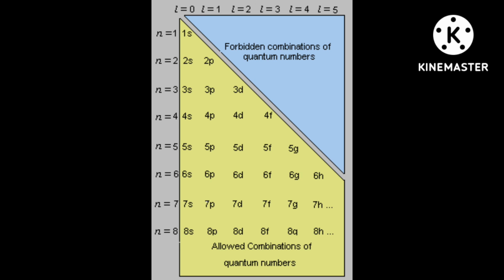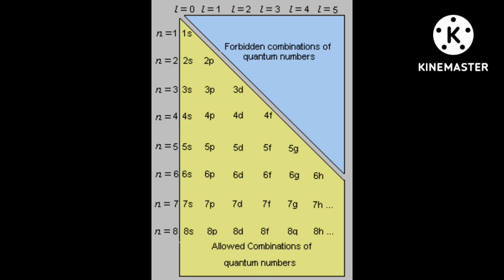These are called the two spin states of the electron and are normally represented by two arrows, one upward arrow and one downward arrow. Upward arrow means spin up and downward arrow means spin down. Plus half is spin up, minus half is spin down.